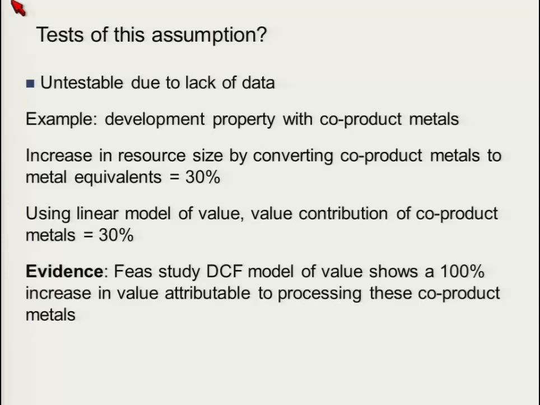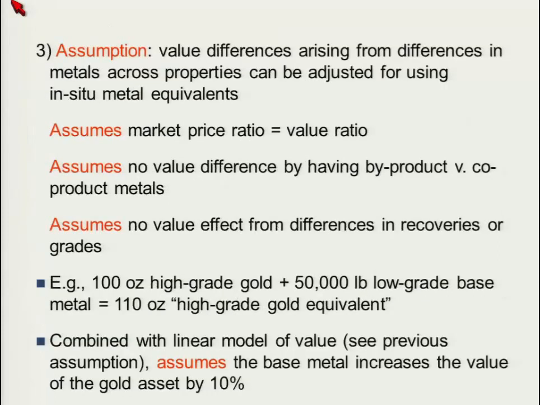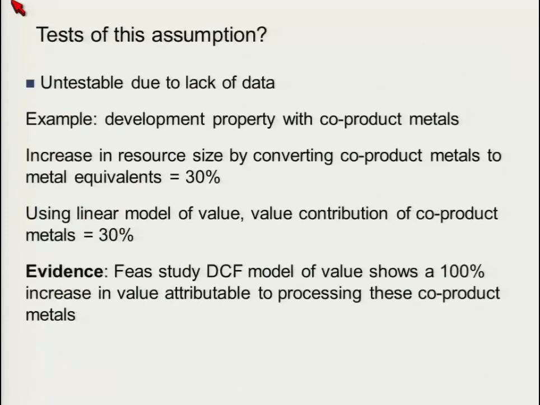The feasibility study actually did 2 designs, one with only the primary metal and one with all the other metals extracted as well. It comes out with 100% more value when you extract all the other metals compared to just the primary metal. So how close do these assumptions, 1, 2, 3, 4 of them, get us to what the model shows?